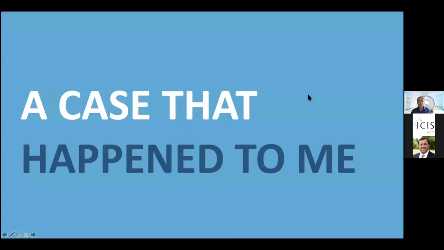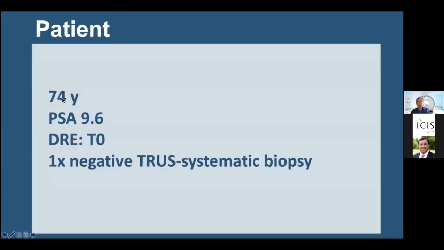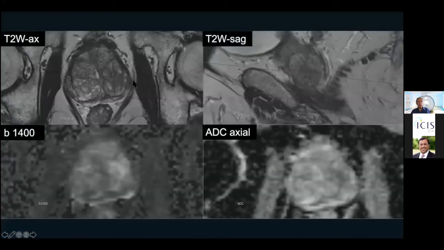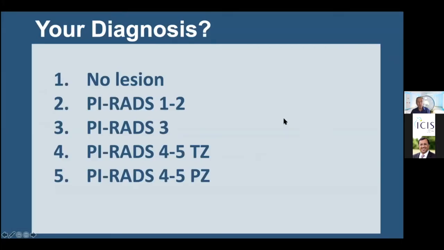This is a case that happened to me. 74-year-old man, PSA high, DRE 0, one-time negative TRUS systematic biopsy, T2 axial image, T2 sagittal image, B1400 and ADC. Now I would like to know your diagnosis.